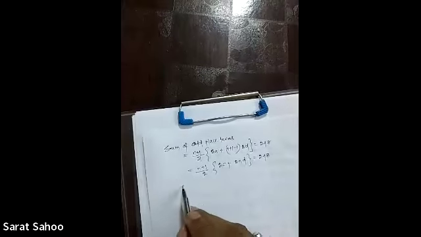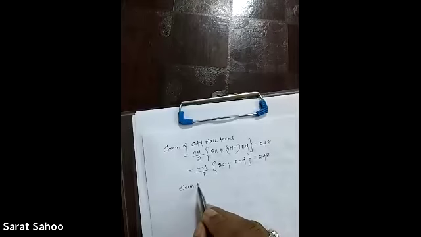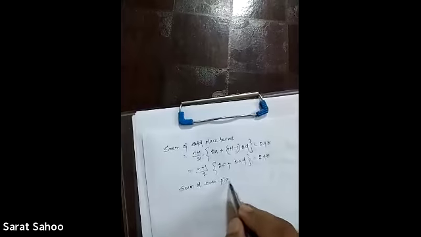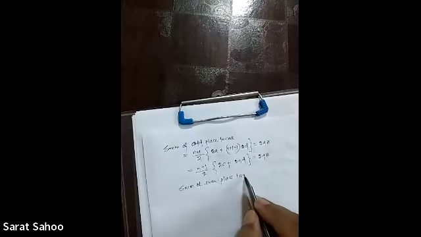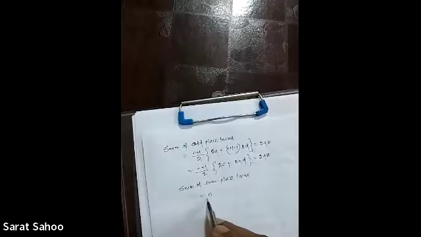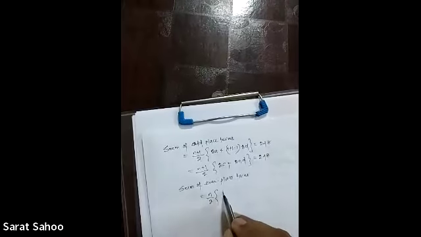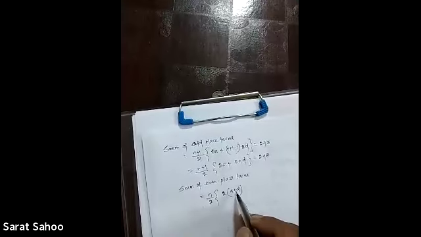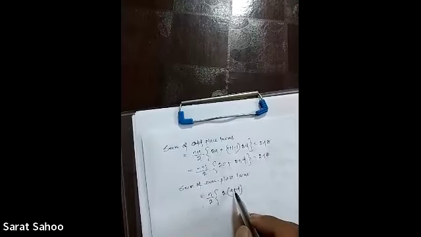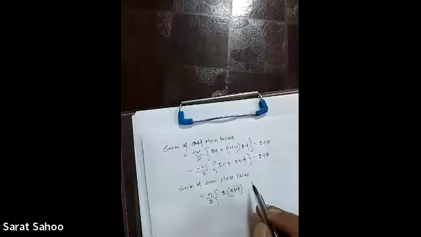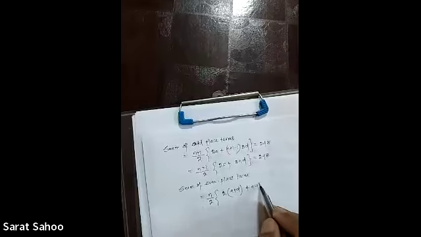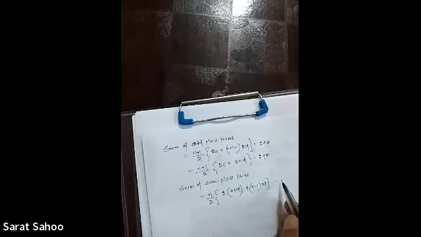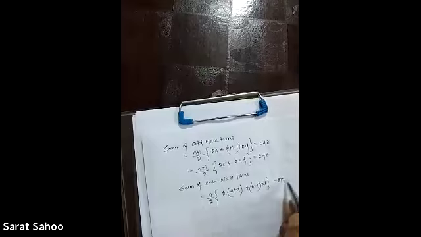Again, sum of even place terms is equal to n by 2 into 2 into a plus d, for the even place terms a plus d is the first term, plus n minus 1 into 2d is equal to 217.